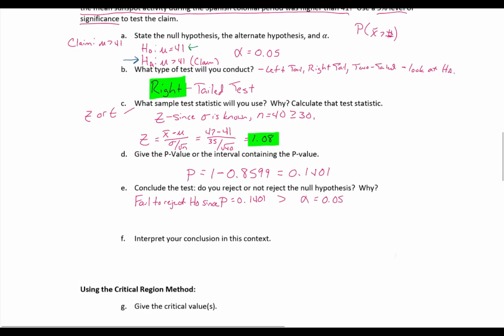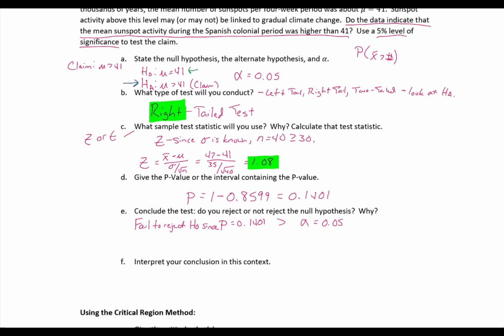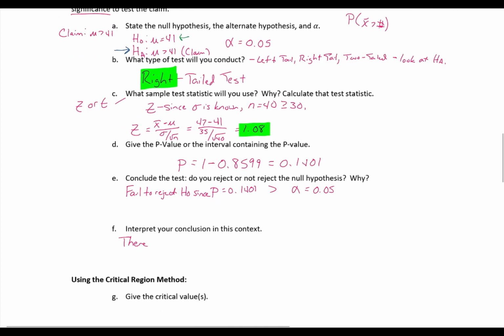So now we want to interpret this in context. In other words, we want to take what we just said, that we fail to reject the null at the 5% significance level, and put that back in the context of the problem. We want to put this math that we just did back into words. The easy way of doing that is that there either is or is not, and it always ties back to your claim. Our claim was the alternative hypothesis.